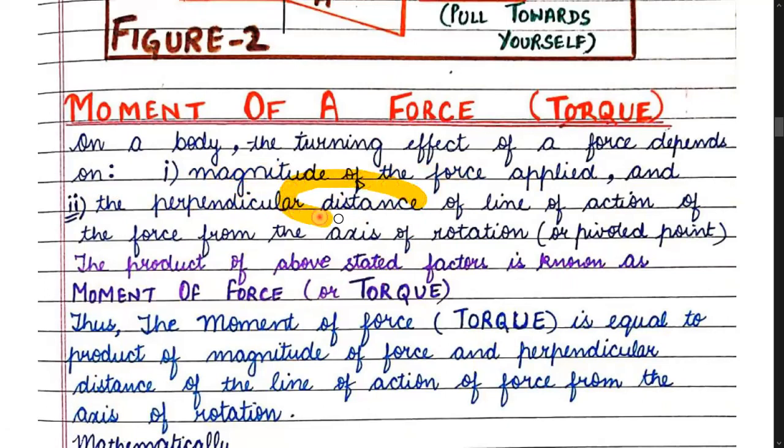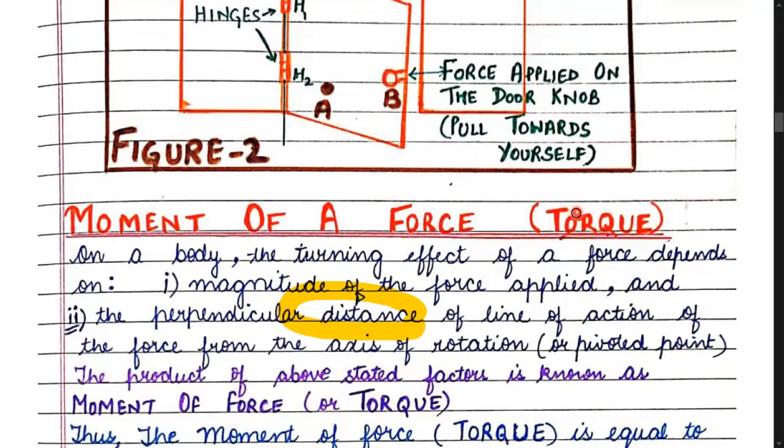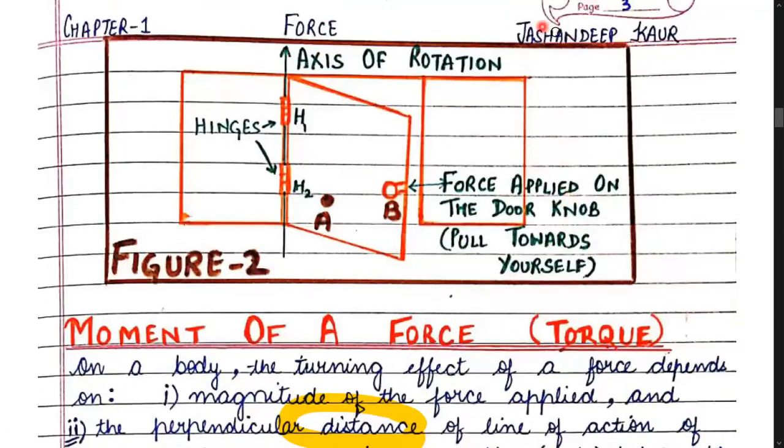Because distance is between two quantities. So you have to write down which quantities this distance is between. So the perpendicular distance of line of action of force and the axis of rotation.